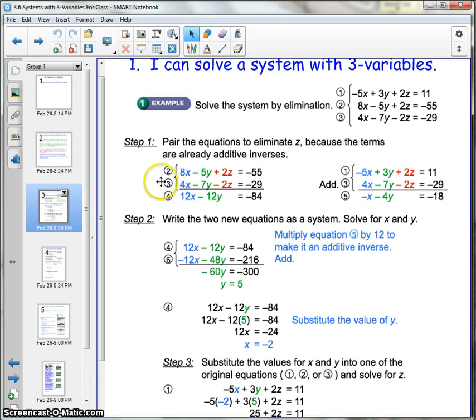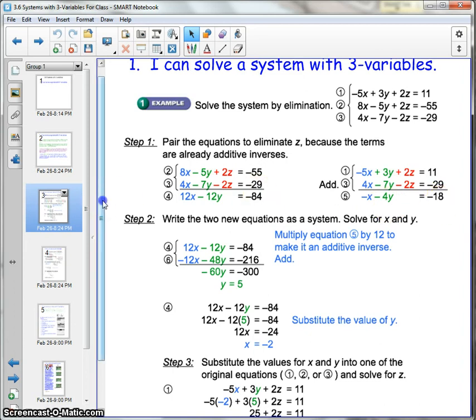So you pair up equations 2 and 3 to eliminate z, and you're left with 12x minus 12y equal to negative 84. Then you pair up equations 1 and 3 to eliminate z, and you're left with negative x minus 4y equals negative 18. We call this equation 4 and this one 5.